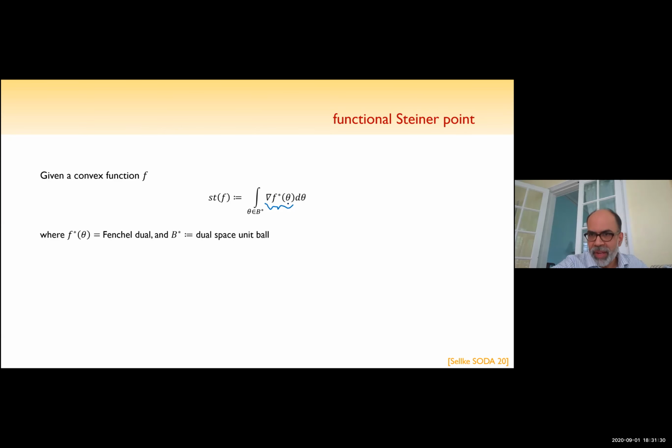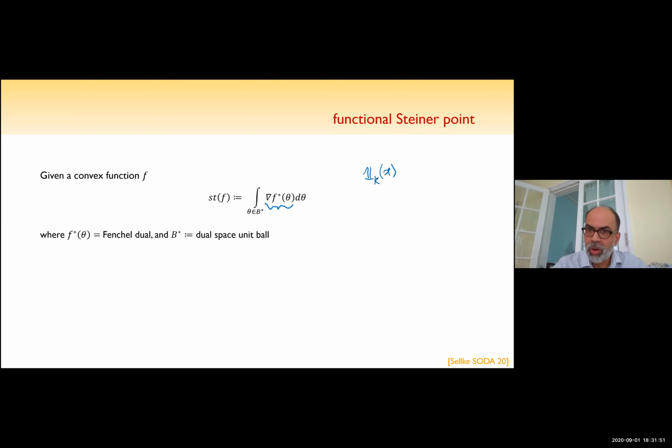There's a certain dual called the Fenchel dual, and you look at its gradient. And if it helps you, I can take the indicator of a function. This is a function which is 0 inside the convex body and infinity outside.